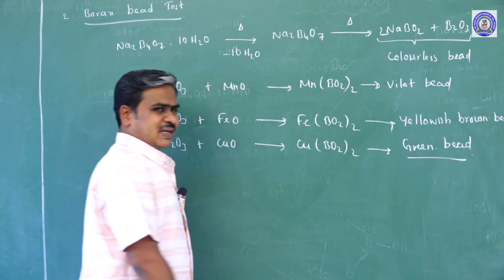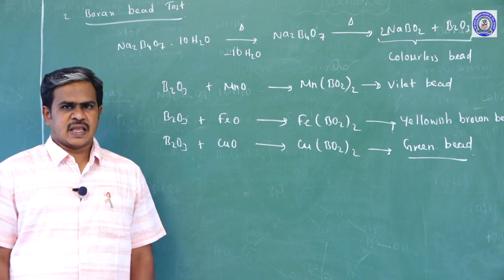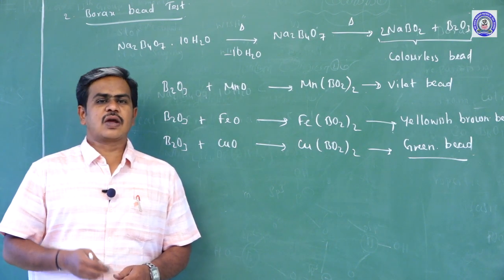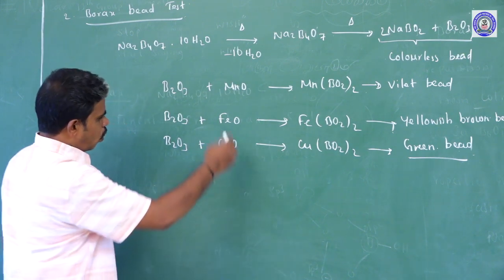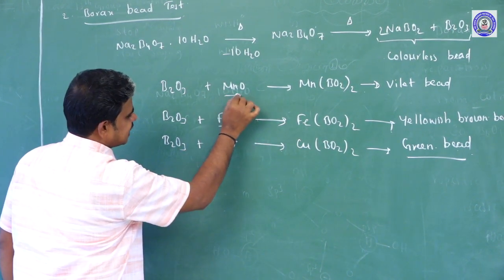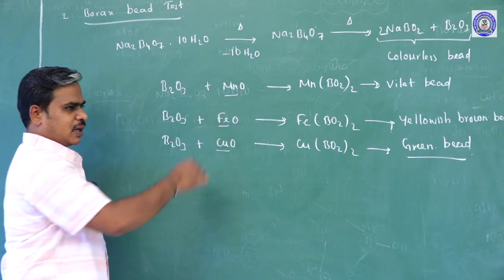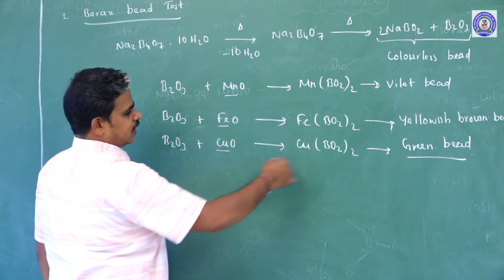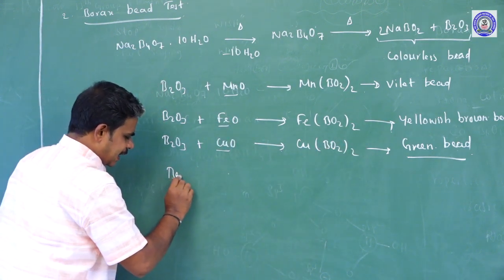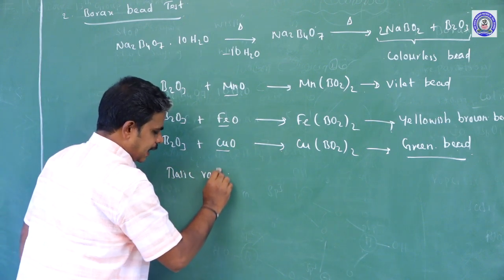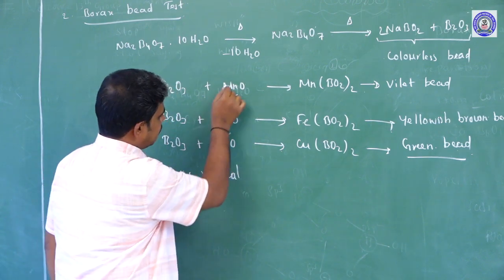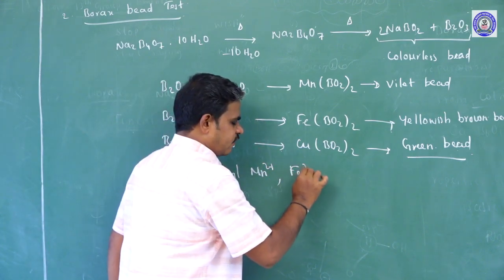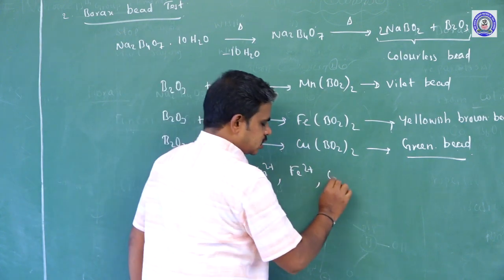So, by the bead test, what is the application? We may identify the basic radical in qualitative analysis. So, what is a basic radical? It is a basic radical because these are all metal oxides, and metal oxides are basic in nature. What are the basic radicals here? That is Mn2+, Fe2+ and Cu2+.